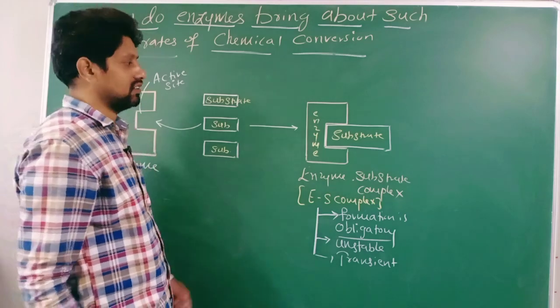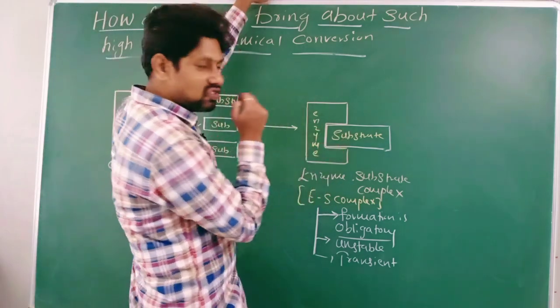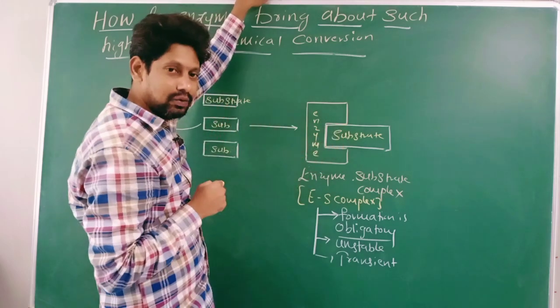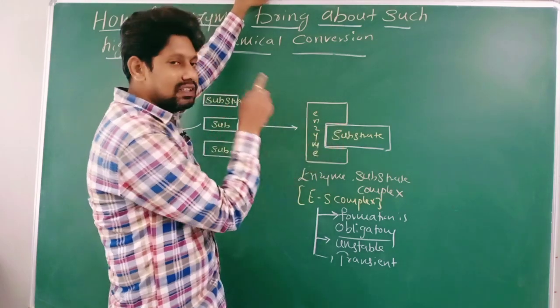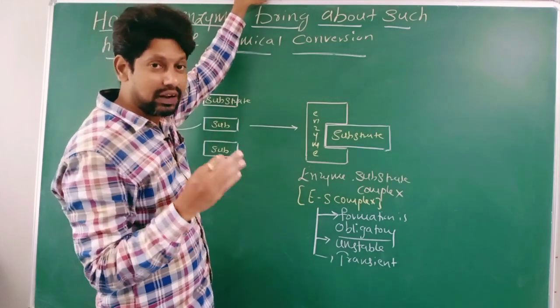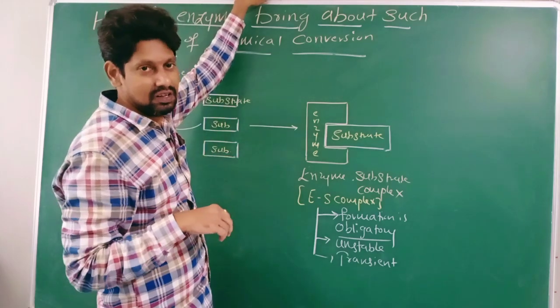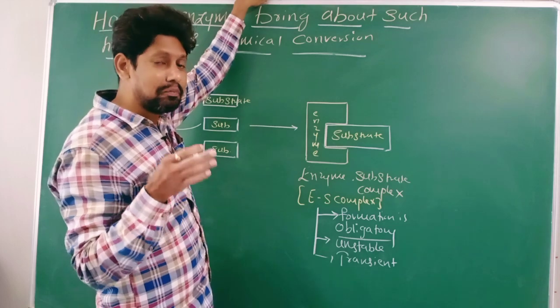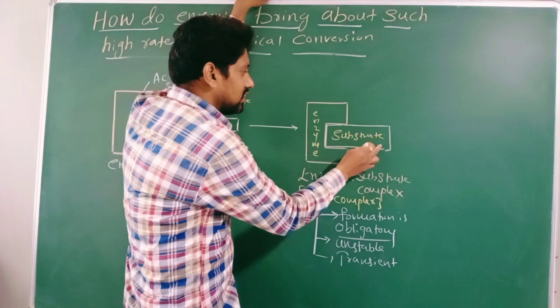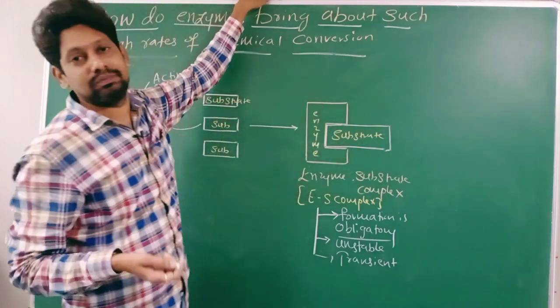What happens? Once a substrate binds in the active site of the enzyme, the bonds present in the substrate are broken and new bonds are formed. Therefore, breaking and making of bonds. Due to this breaking and making of bonds, the substrate gets changed to product.